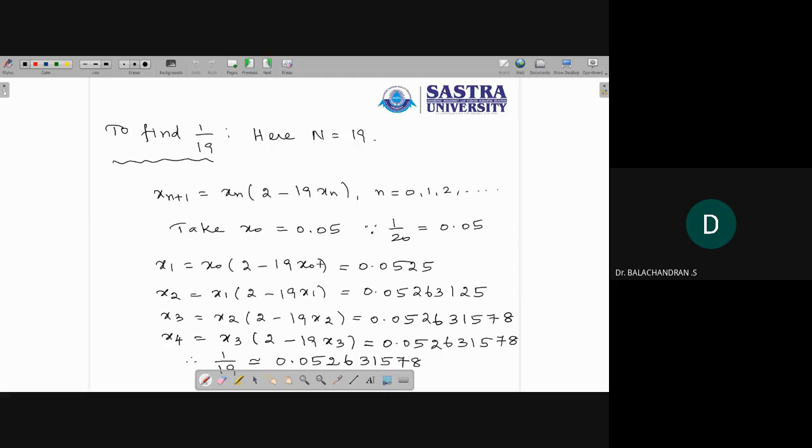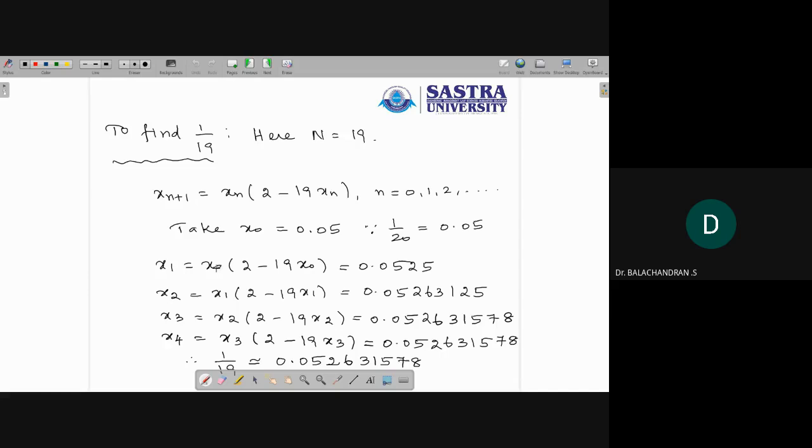So I should take some approximate value for 1 by 19. That's why I will take 1 by 20 as x0. We know 1 by 2 is 0.5, so 1 by 20 is 0.05. So let us take this value as x0. Instead of x0, you should substitute the value here, and here also.